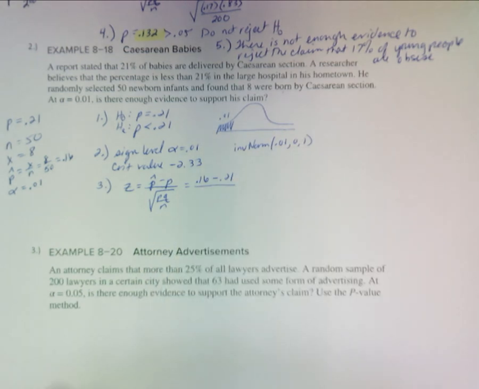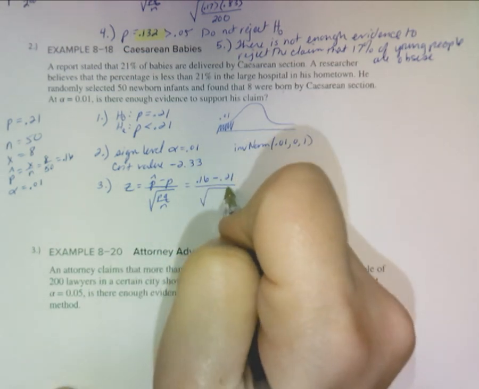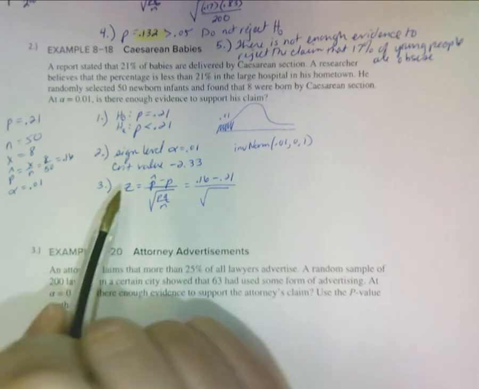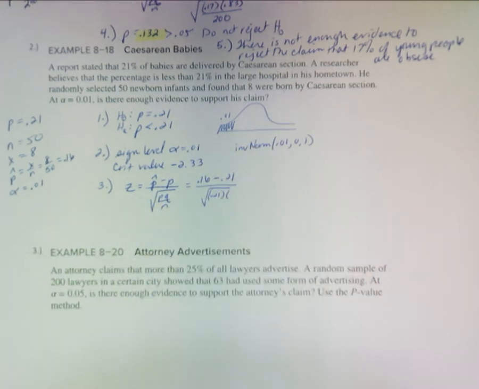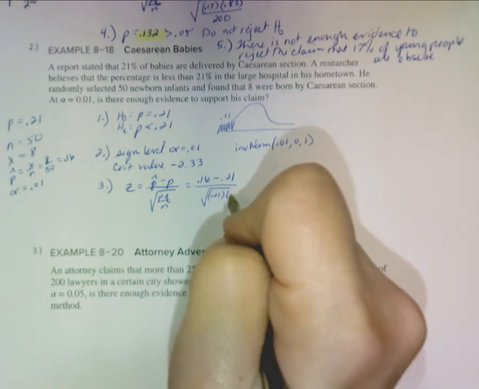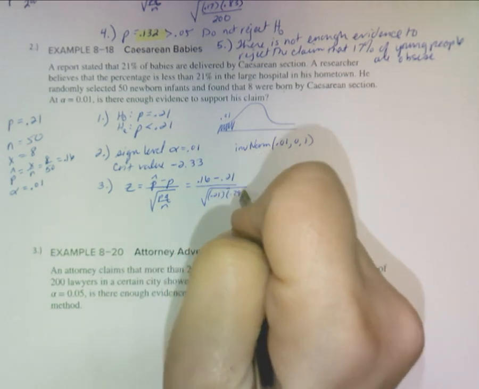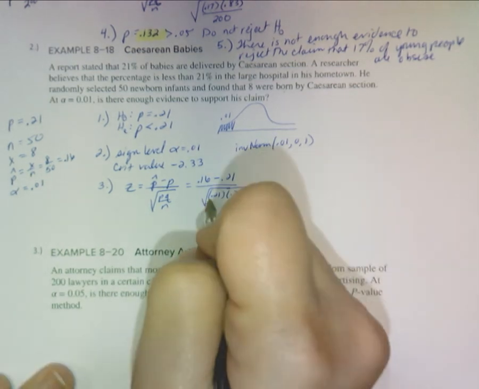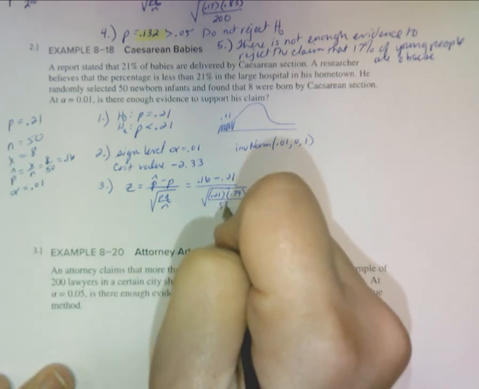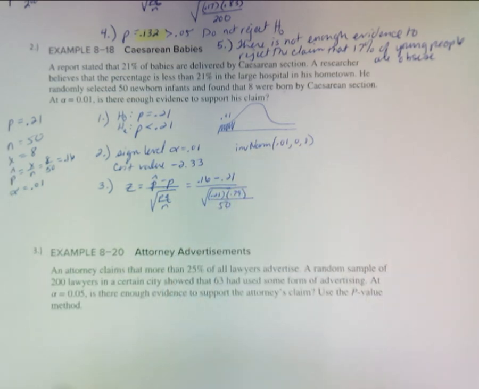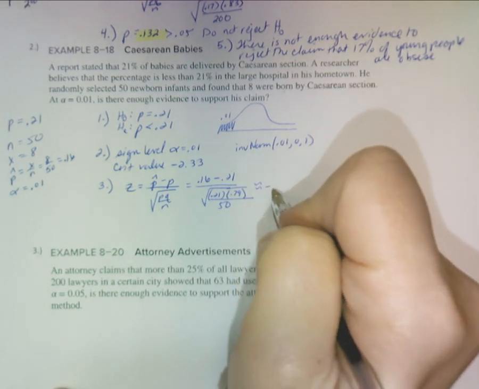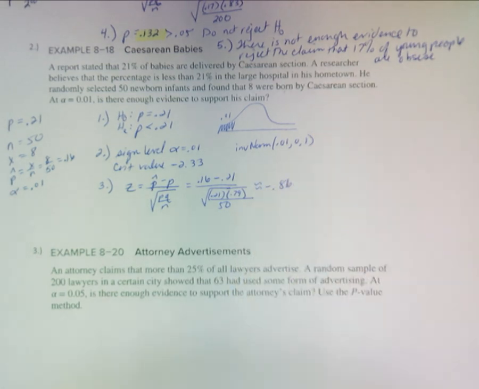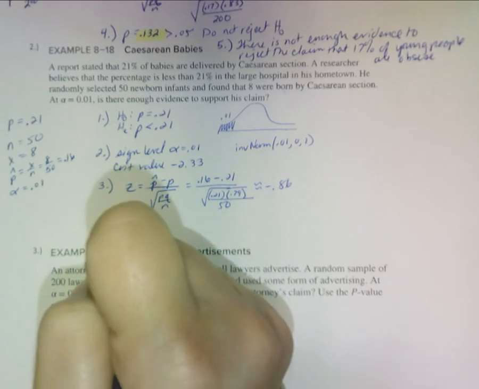Divided by square root of your P, which is 0.21, times your Q, which is 0.79, divided by 50. Put that in your calculator. You're going to get roughly negative 0.86. We can check that in a minute on our calculator.